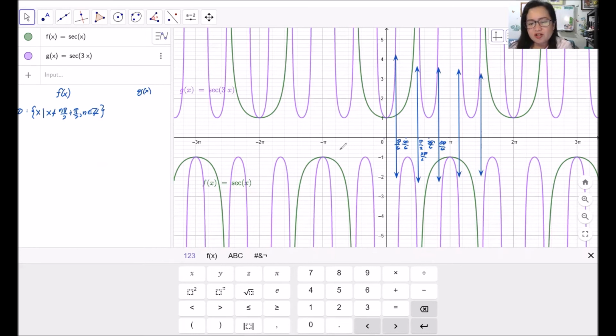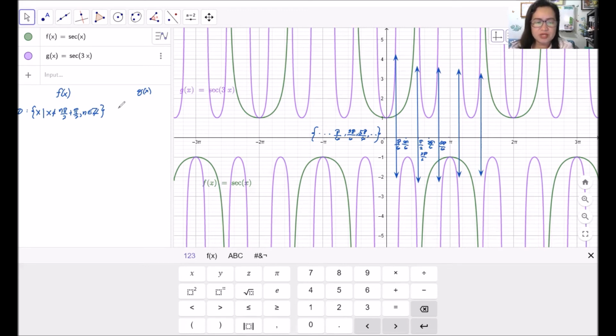So if we concentrate on the numbers, here we have 3 pi over 6, and next we have 5 pi over 6. And the pattern continues to the right and to the left. So this set of numbers are multiples of pi over 6.